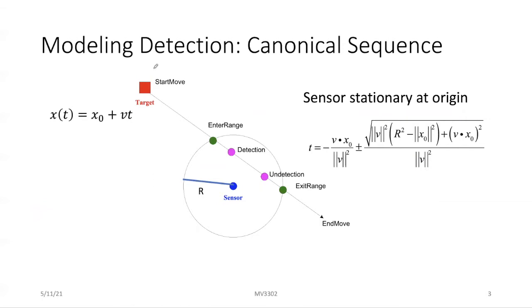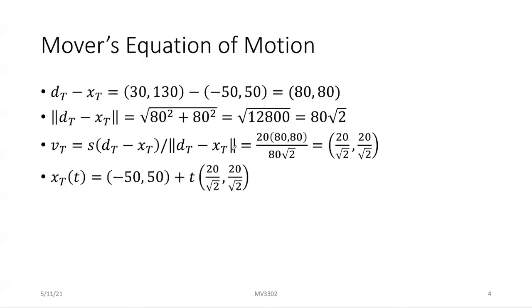So what we're doing is we're first of all calculating the enter and exit range, again, using this equation. And then given all that, we're going to compute the time to detection from enter range to detection.